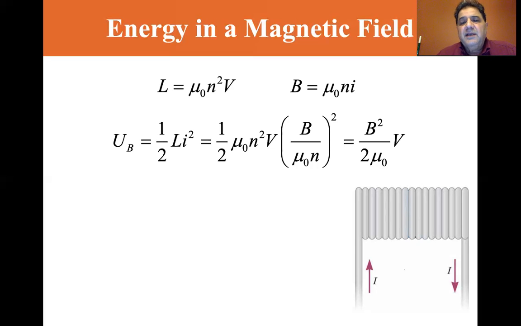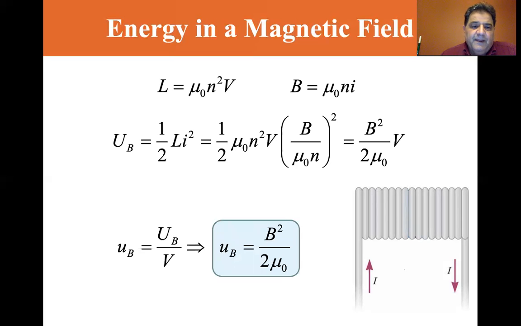And you'll see that the n squared cancels the n squared within the parentheses, and you have a mu 0 divided by mu 0 squared. So you end up with the energy stored in a magnet is equal to B squared divided by 2 mu 0 times V.